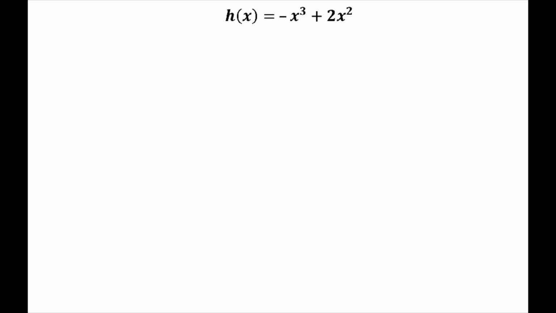Okay, so now we're going to do the same thing again. We need to find the intervals of increase, decrease, and the extreme values. In order to find these, we need to find the first derivative, and then make it equal to 0.